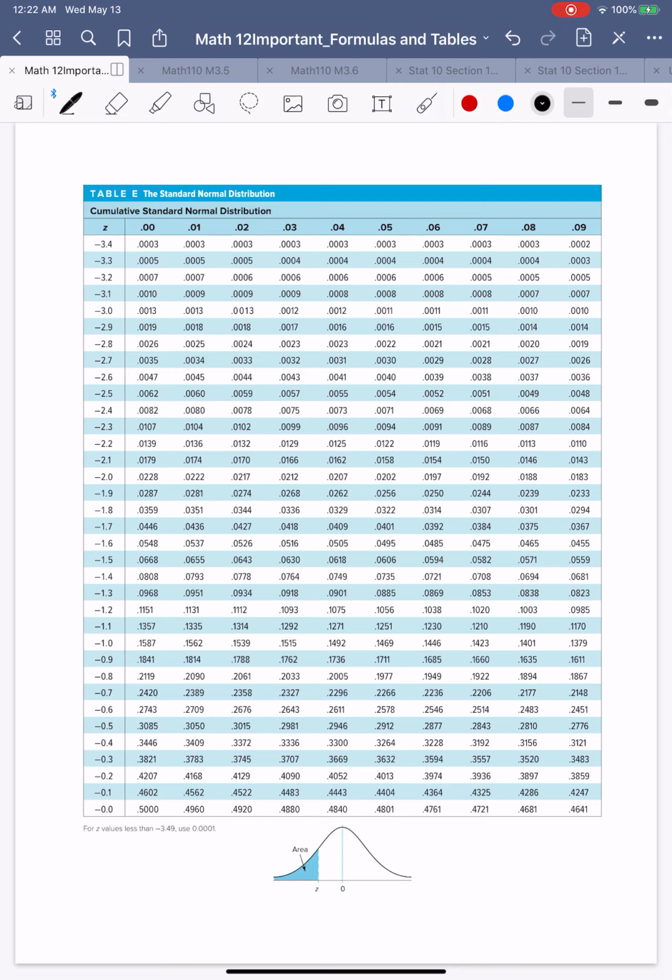The area 0.0099 is close to 0.01, right?